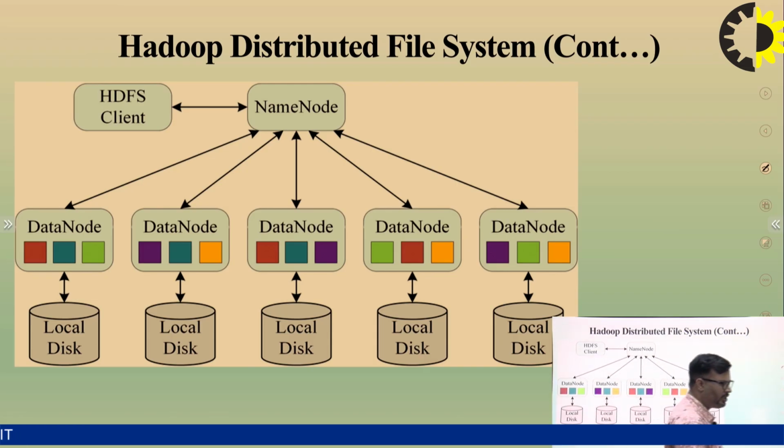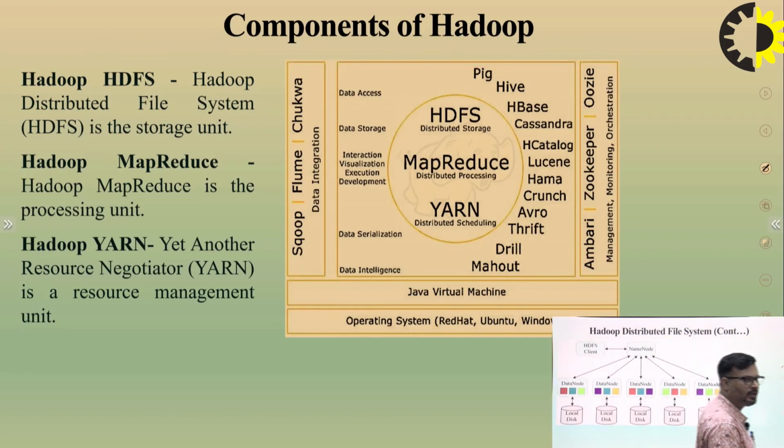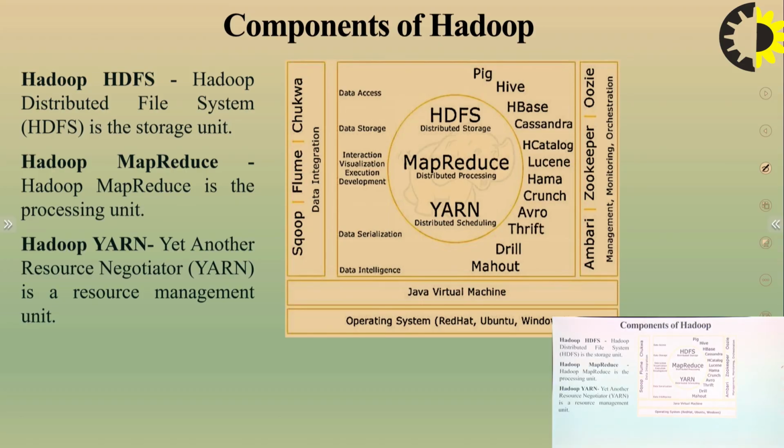These data nodes have some similar files that we call replicas, that is, replication. These files are managed by the local disk, and after the communication between the local disk and data node, the whole information is given by the name node, and the name node also gives the information to the client.